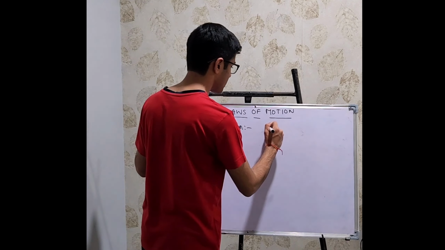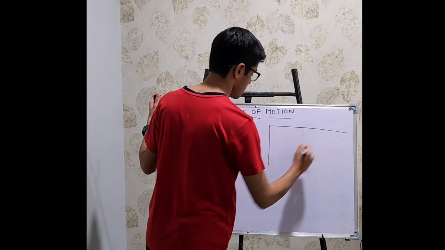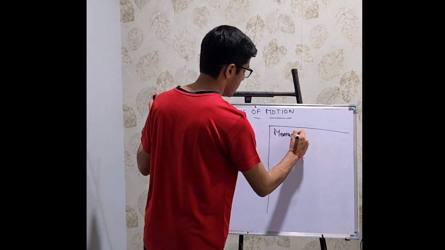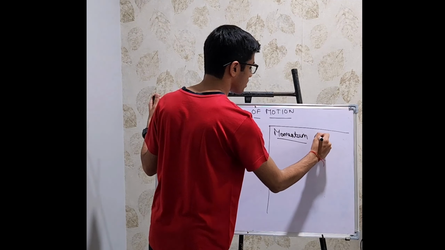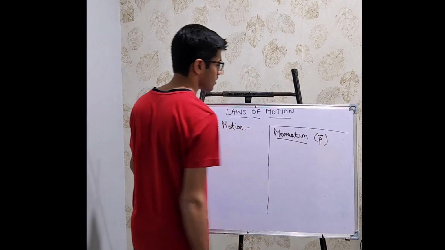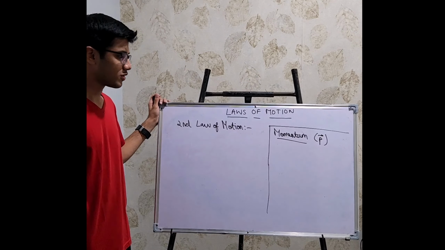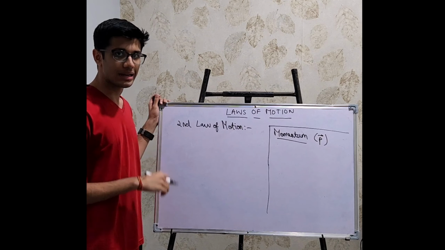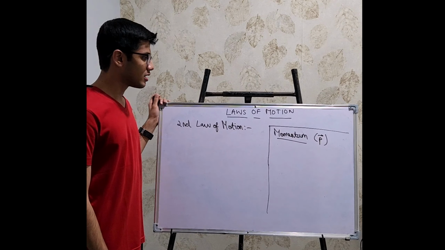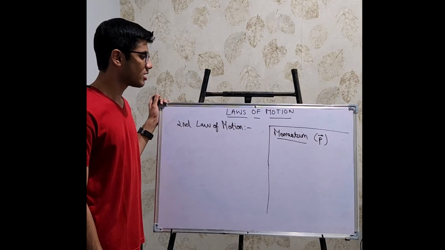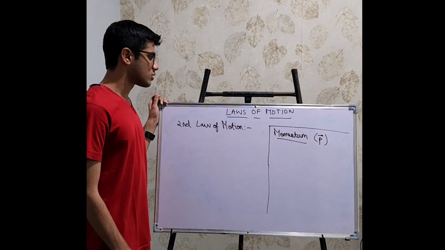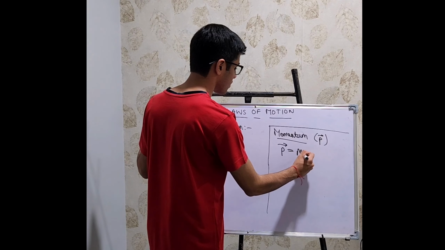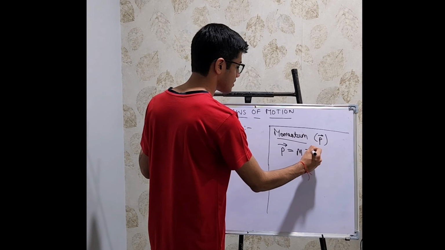Momentum is a vector quantity. It is denoted by symbol P. For those of you who don't know what is a vector quantity, it is a quantity which has both magnitude and direction, and it obeys the vector law of addition. So momentum is equal to the product of a body's mass and its velocity.